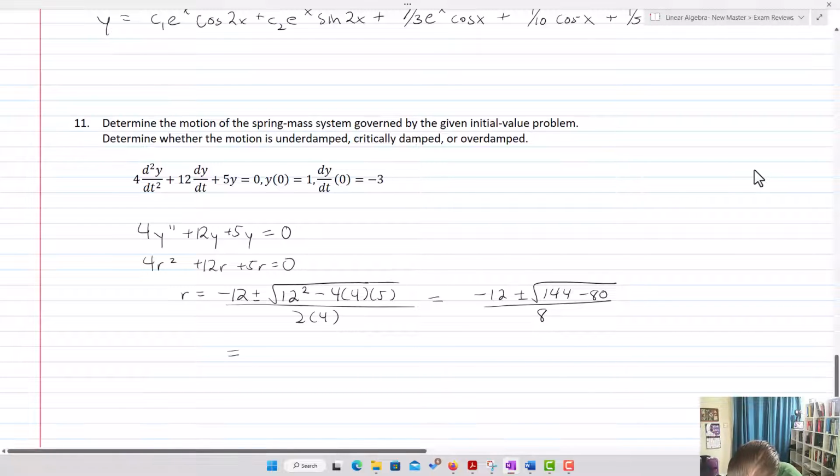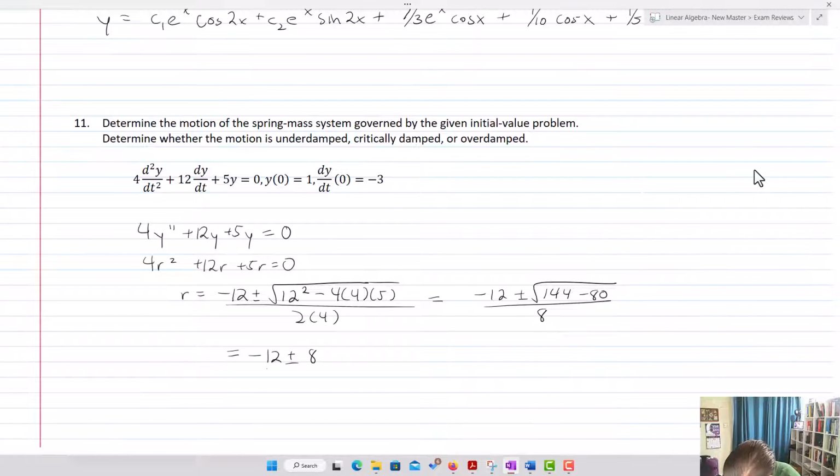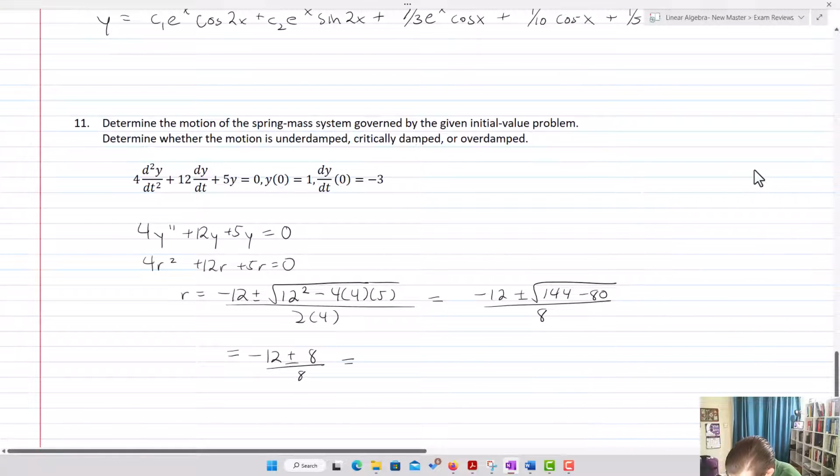So this ends up being negative 12 plus or minus the square root of 64, so plus or minus 8 over 8. And thus this ends up equaling either negative 4 over 8, or negative 20 over 8. So negative 1/2 or negative 2.5, so negative 5/2. Okay, and those are our solutions.